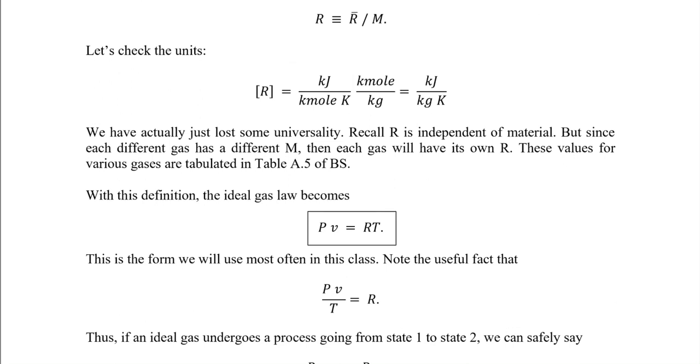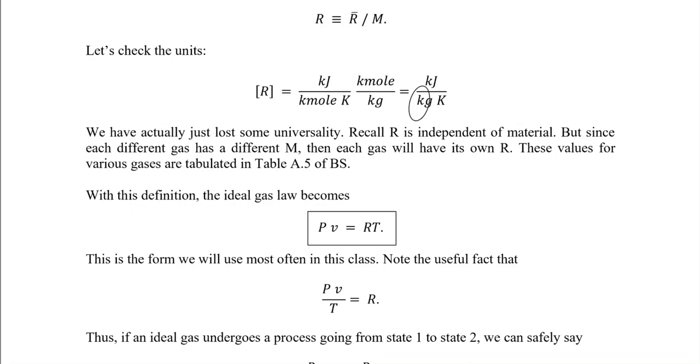This volume is now the specific volume in terms of mass, and R is also in terms of kg. That R is the specific R, which means for oxygen it will be different, for nitrogen it will be different, and for other gases it will be different.